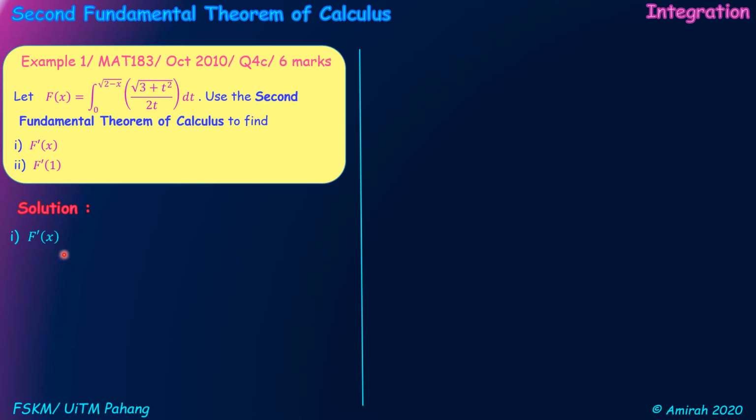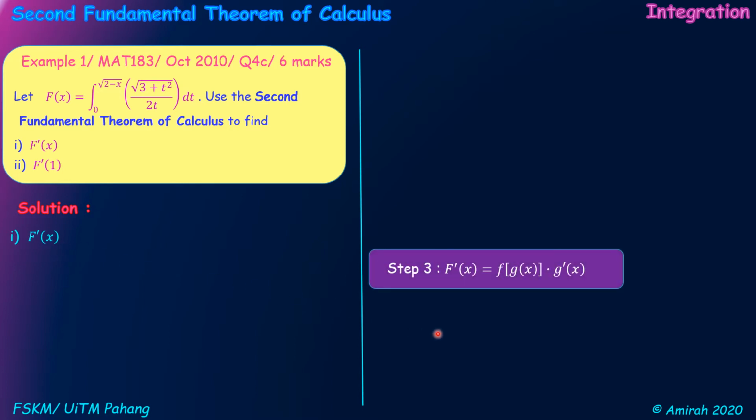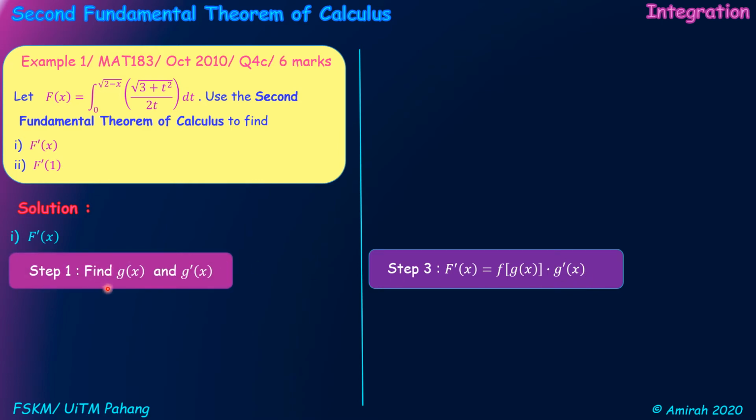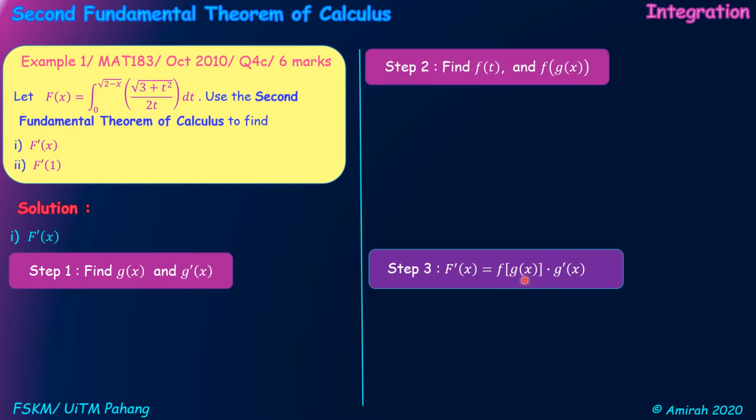To find f prime x, we jump to the theorem. F prime x equals f(g(x)) times g prime x. So first, we need to find g(x) and g prime x in step 1. After that, we need to find f(g(x)), and to find f(g(x)), we need to find f(t).